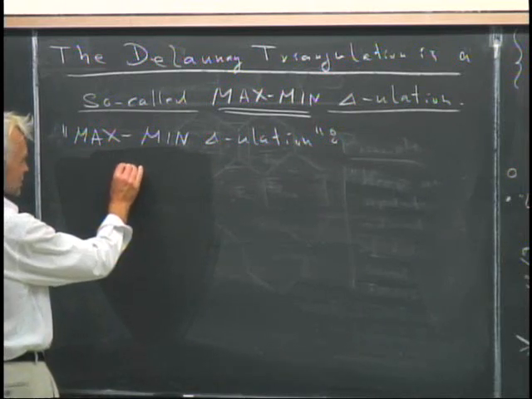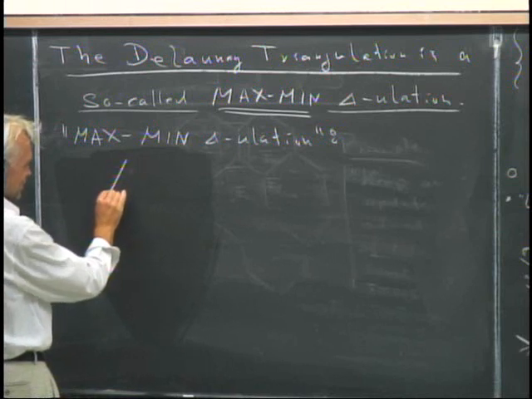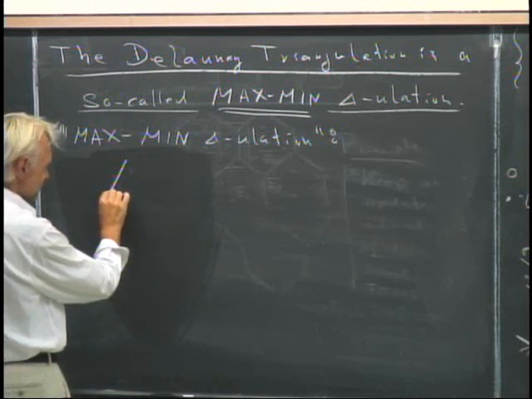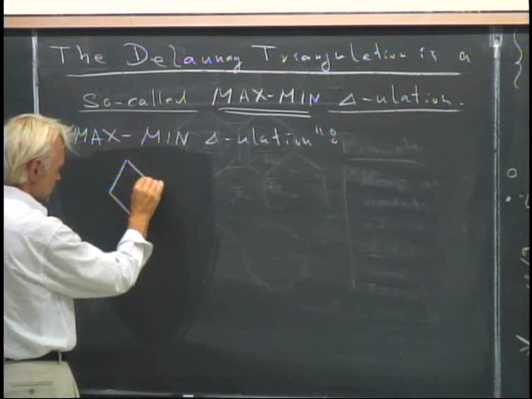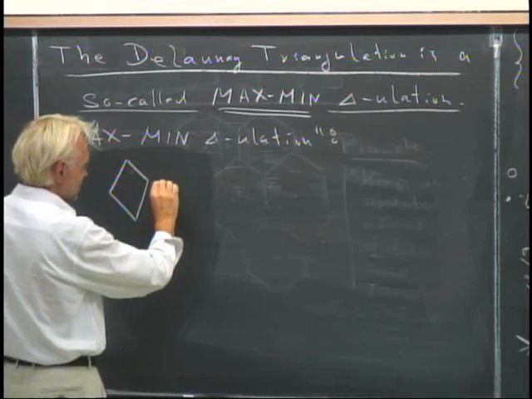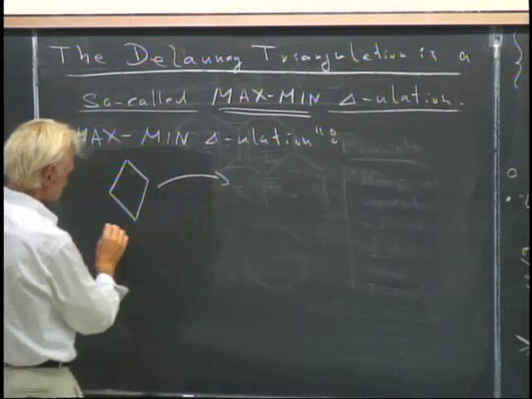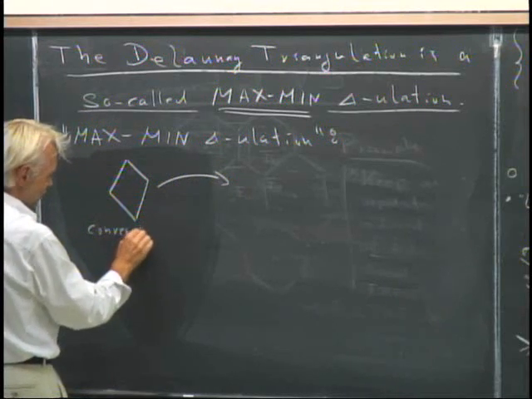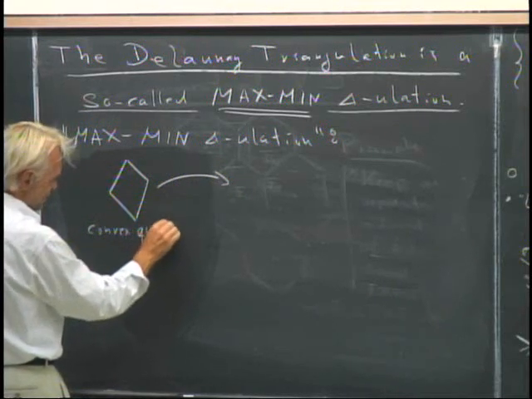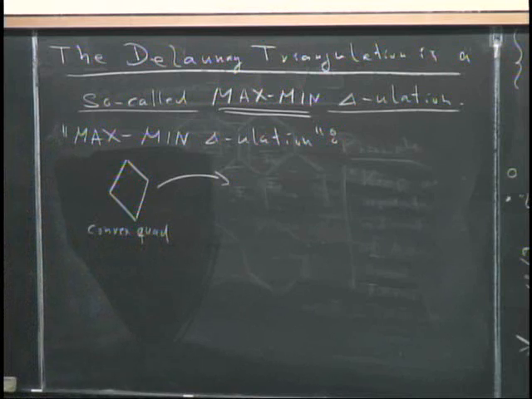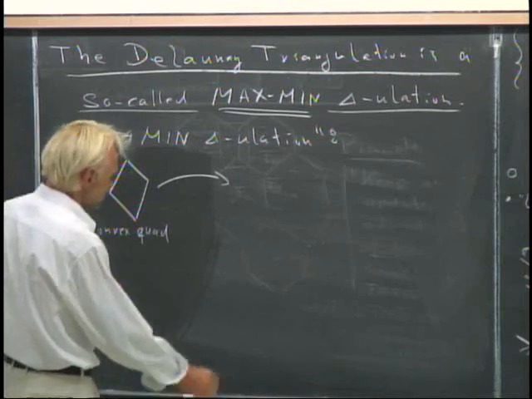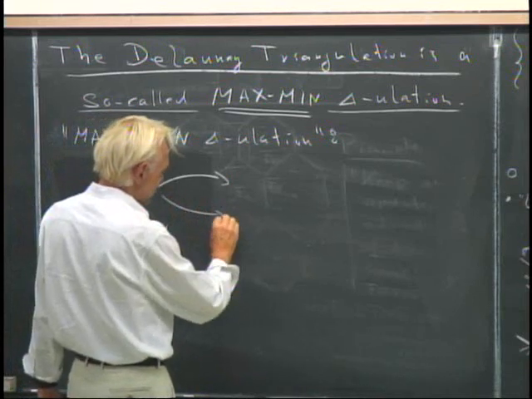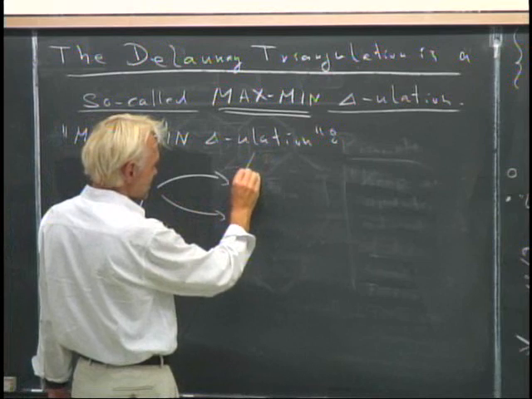So if I have a convex quadrilateral, quad. Think about that, whether I'm talking about a quadrilateral in the plane or whether this could also be a twisted one in space. Convex quadrilateral, I can triangulate it in two ways, right?